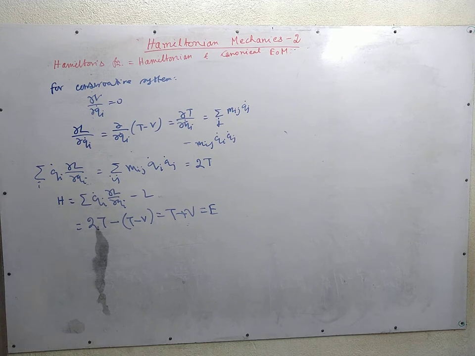So this is one of the major significances of the Hamiltonian. Another is that Hamiltonian dynamics is found to be especially helpful when some of the coordinates are cyclic. We shall take up this consideration in the next class.